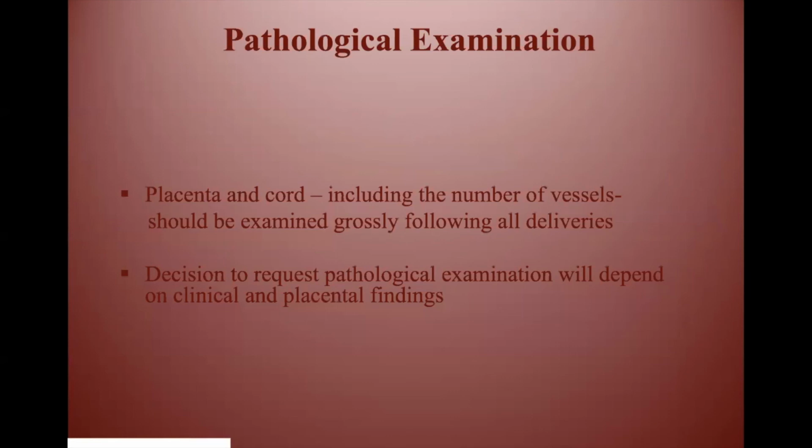Pathological examination: the placenta and cord, including the number of vessels, should be examined grossly following all deliveries. The decision to request pathological examination will depend on clinical and placental findings.